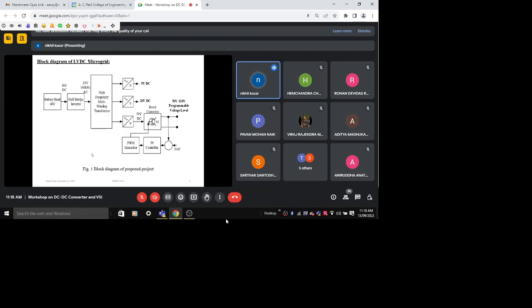This is a very classic example of LVDC, low voltage DC. If you see each stage of this block diagram, starting from the source, what is the source voltage here?